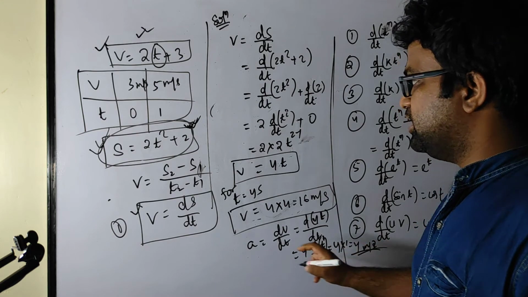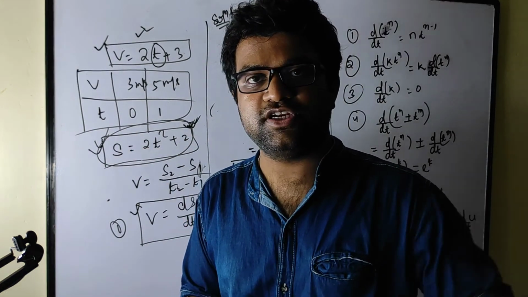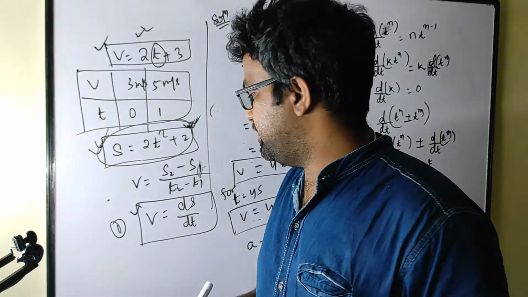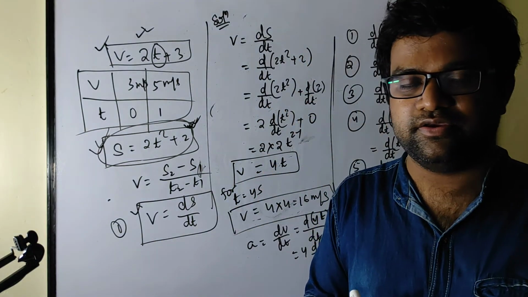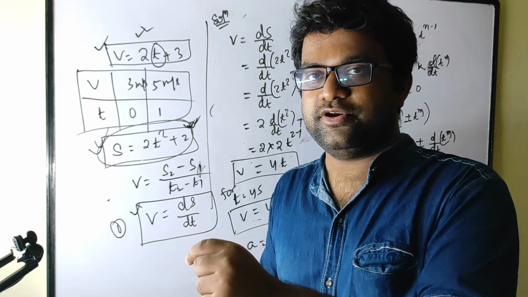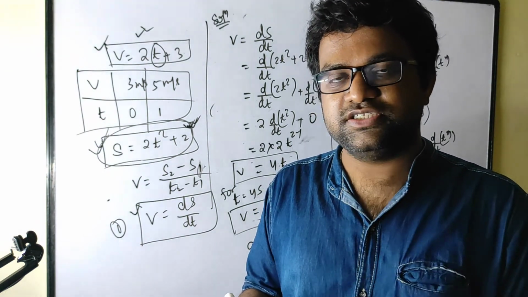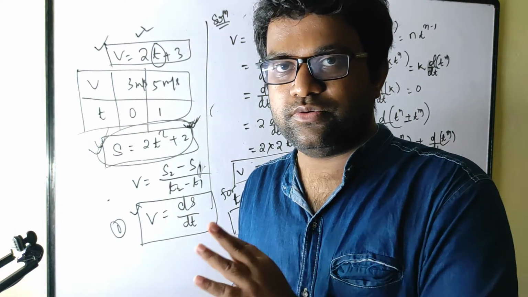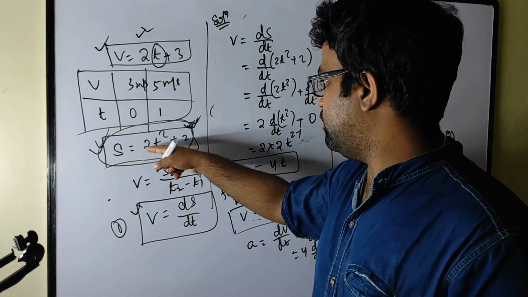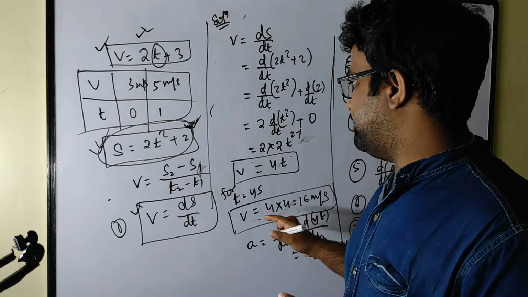A constant acceleration. So the object is moving with a constant acceleration and the velocity is 4t. So at regular time intervals of 1 second, the velocity is increasing by 4 into time, right? We are getting all the information from here.